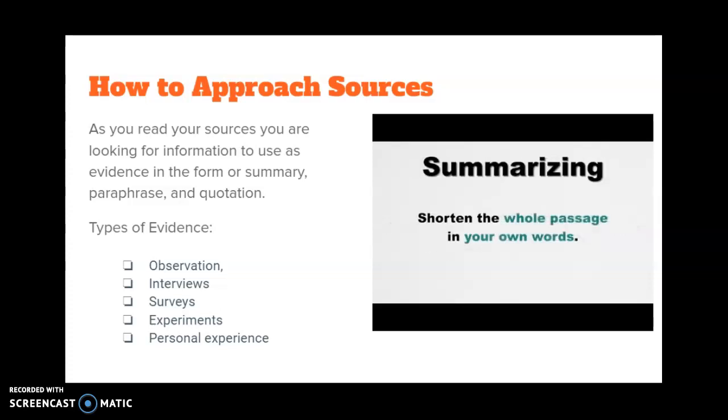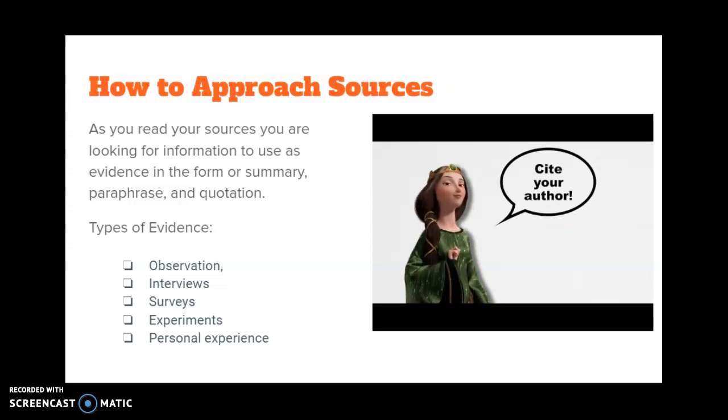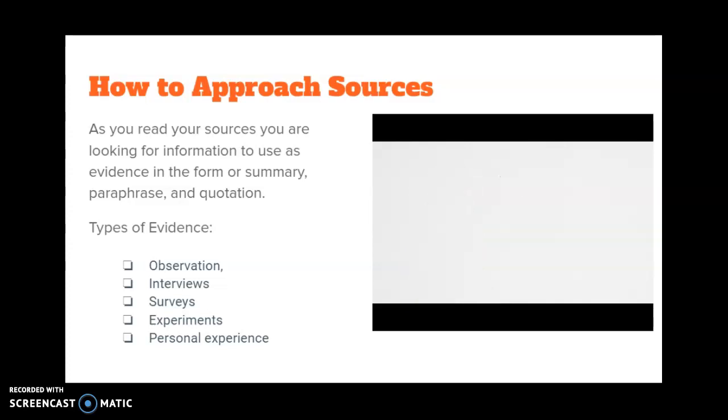When you're summarizing something, once again, you're saying it in your own words, but you're also shortening what the author says. Usually people choose to summarize when the author's passage is on the longer side. For all 3 of these techniques, you want to make sure you cite your author at the end, so that way you're not plagiarizing. So let's do some examples.